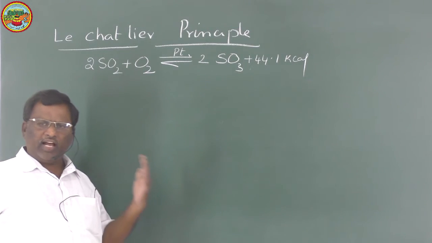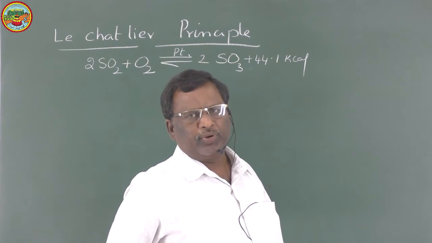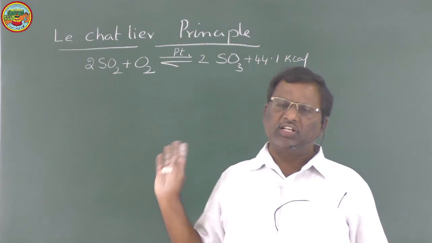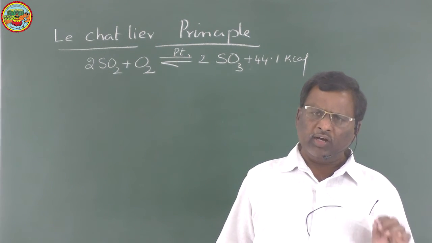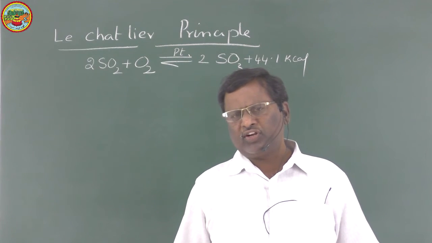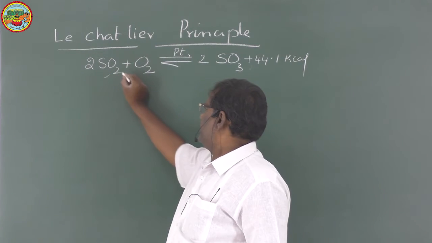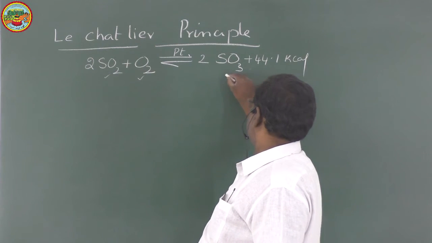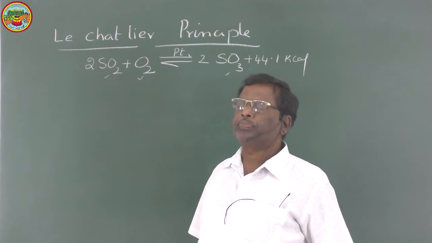Now they ask us to explain the effect of concentration, temperature, pressure and catalyst in the preparation of sulfur trioxide by this contact process. Let us discuss one by one. Effect of concentration. Concentration means the concentration of sulfur dioxide, oxygen and sulfur trioxide, because the reaction is carried out in a closed container.